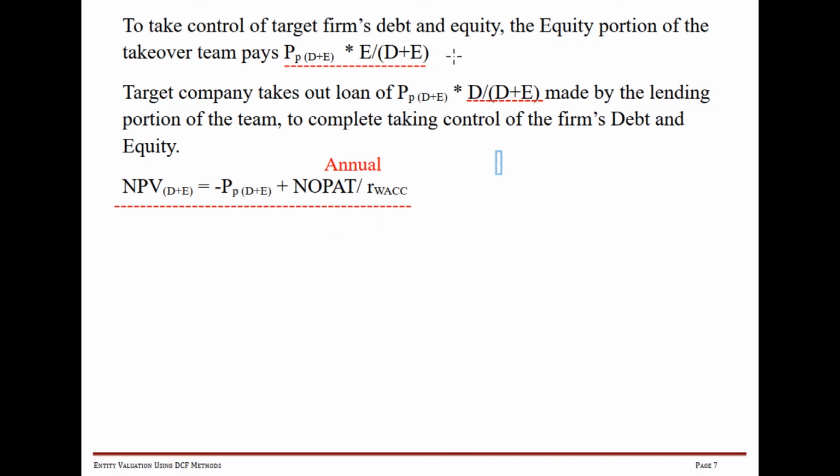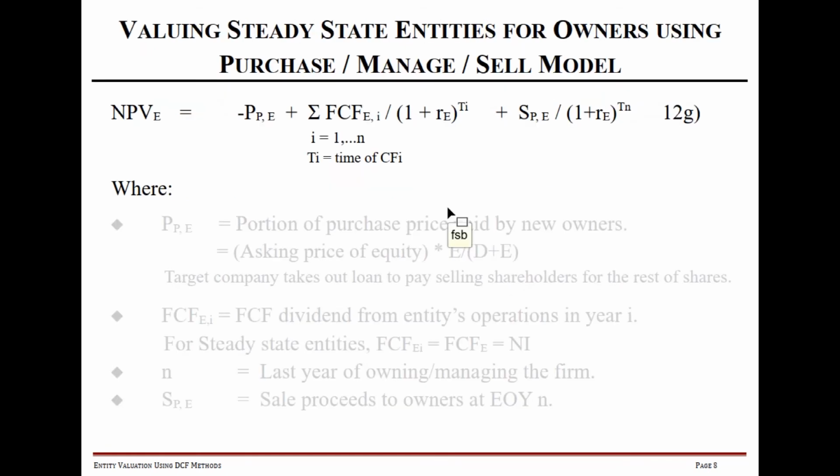And one other thing, let me just put up here quickly, is that E is equal to 1 minus D. So the percent of equity we're putting into this deal and the percent of debt have to add up to 100%.